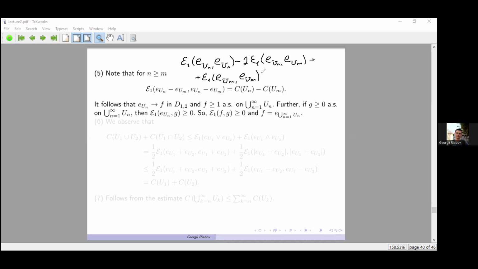Okay, so the first term is the capacity of Un. And what is the inner product of EUn and EUm? Note that if n is bigger than m, then Um is a subset of Un, which means that EUn is equal to 1 on Um.